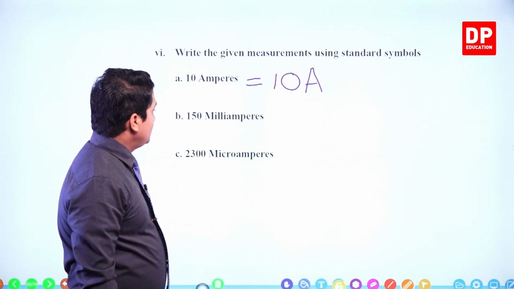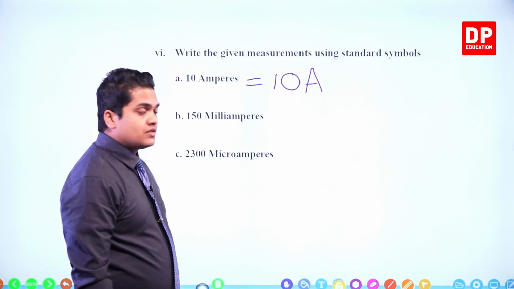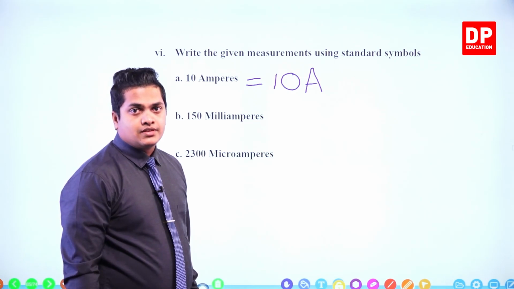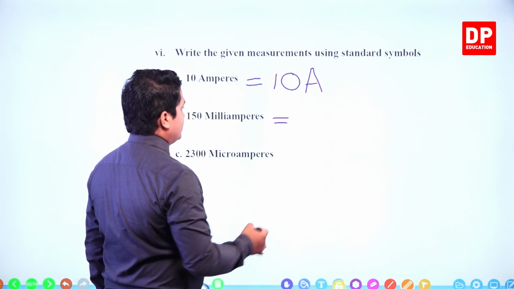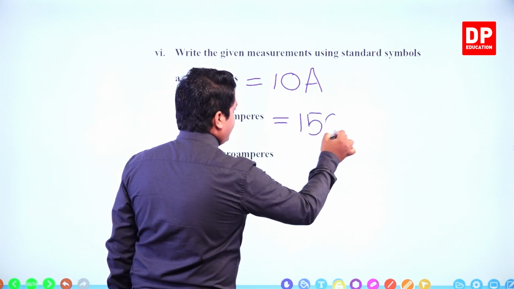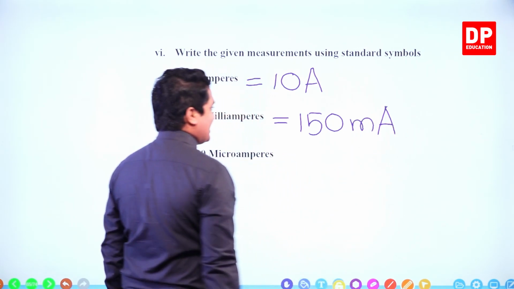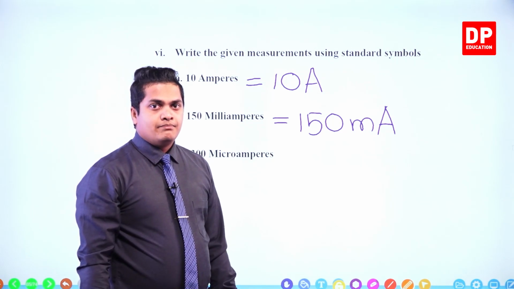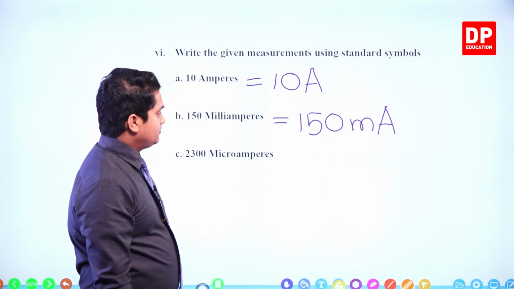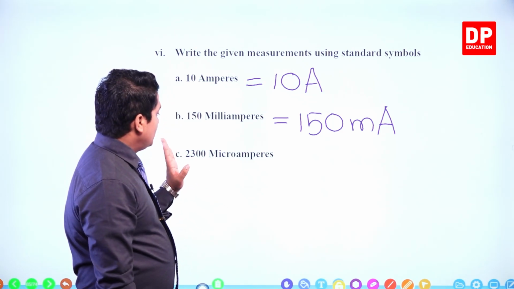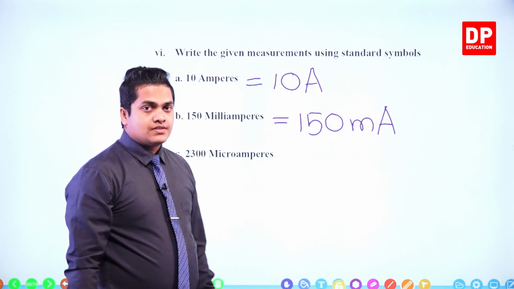Then the next one, 150 milliamperes. 150 milliamperes can be represented like this: 150, simple m, capital A. Next one, 2300 microamperes.